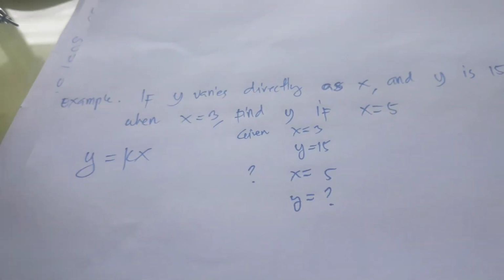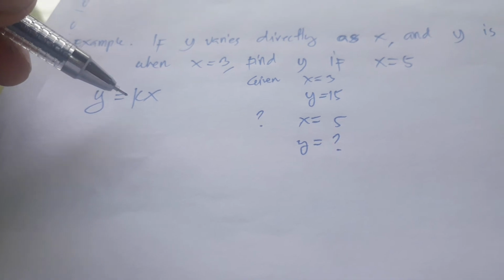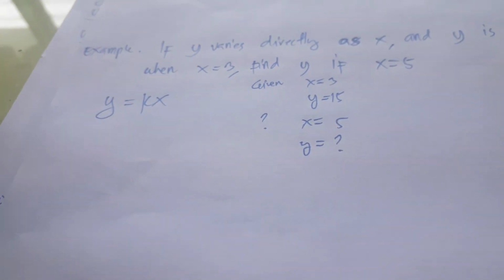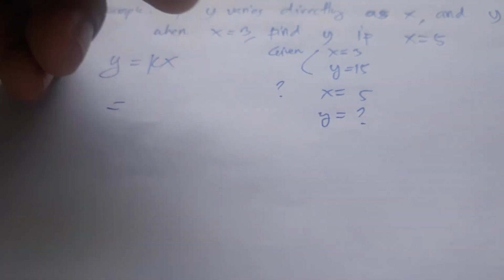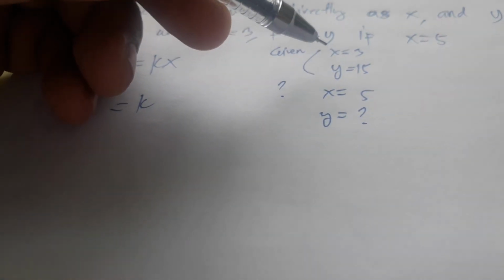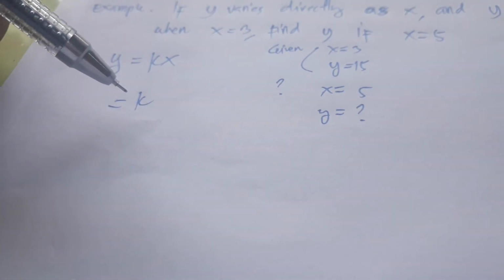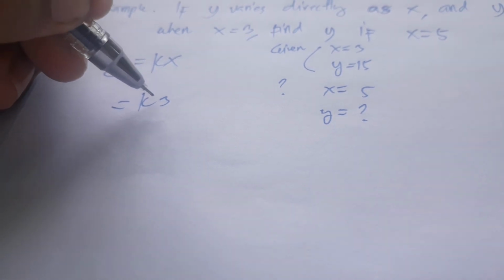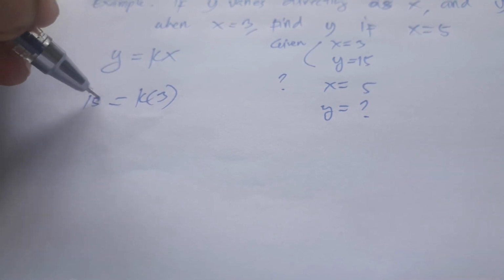The first procedure is to get the value of k, the constant of proportionality. First, we get the value of k using the first two values. Solving for k, if x is 3, then for y we substitute 15.